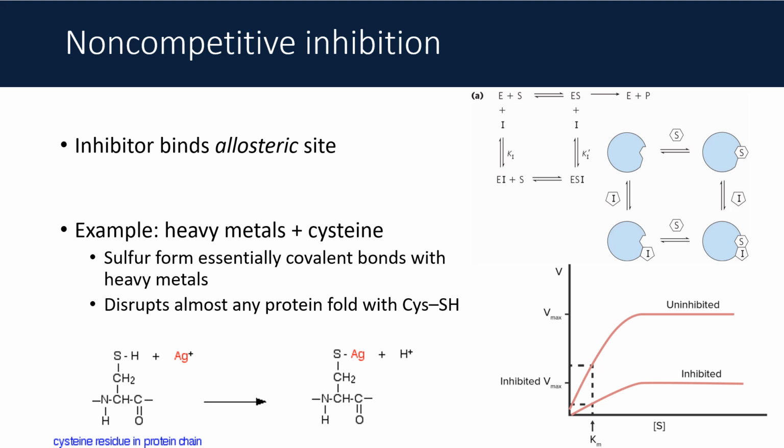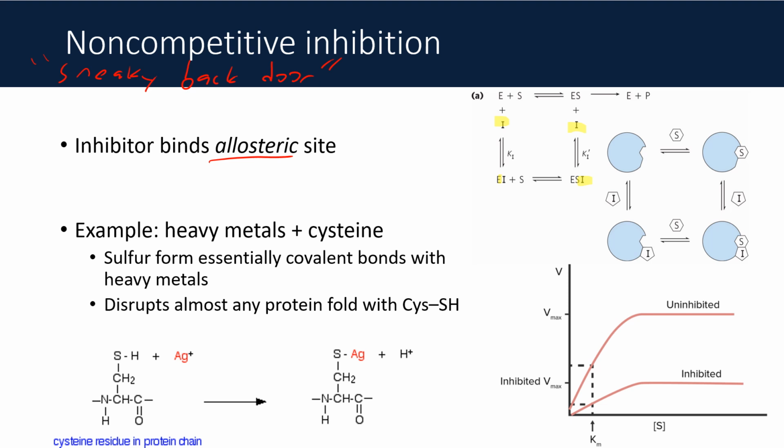The next type of inhibition is non-competitive inhibition, or what I like to call the sneaky back door. This occurs where the inhibitor I is going to bind the enzyme not at the active site, but a separate backdoor allosteric site, and that turns the enzyme off. This effectively takes the enzyme out of solution.